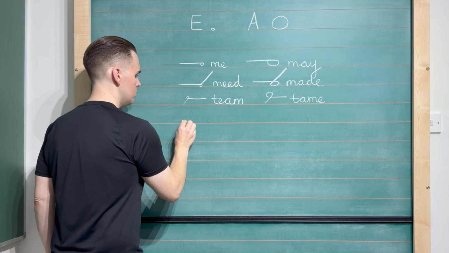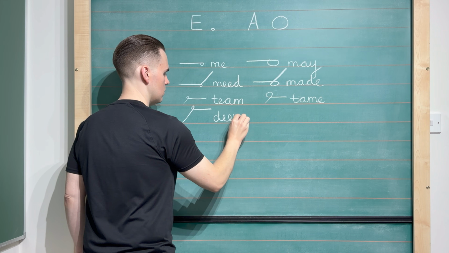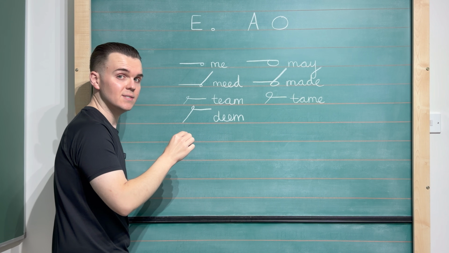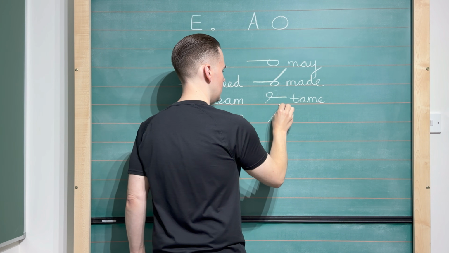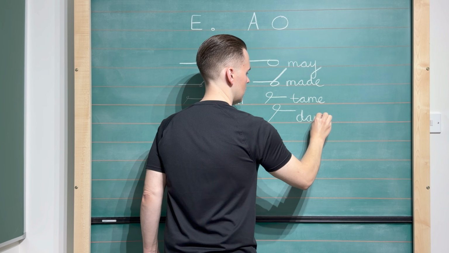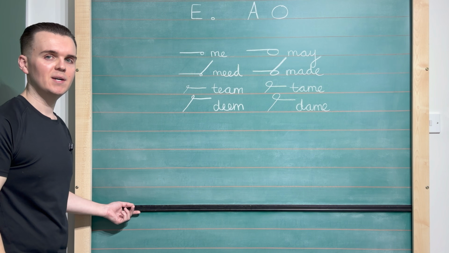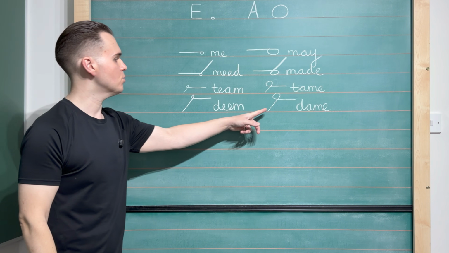And deem becomes dame, D-A-M for dame. So it's very easy to pick up the A vowel sound in Gregg Shorthand.